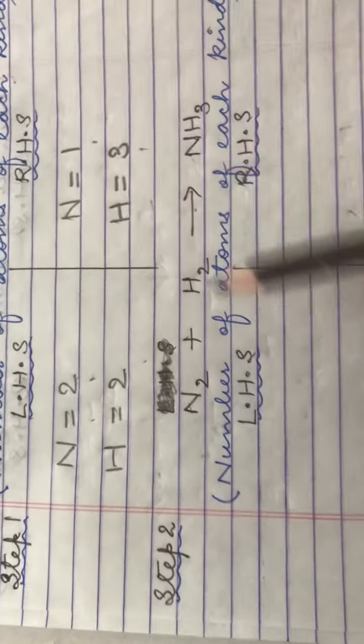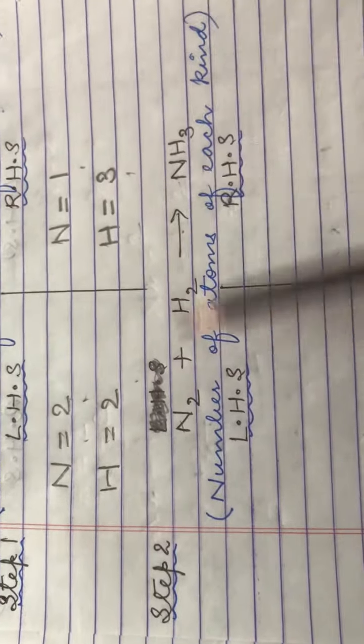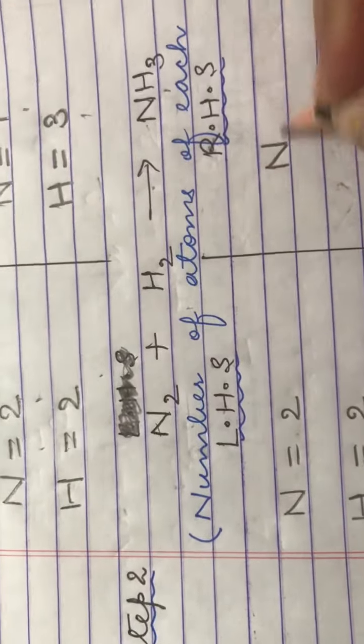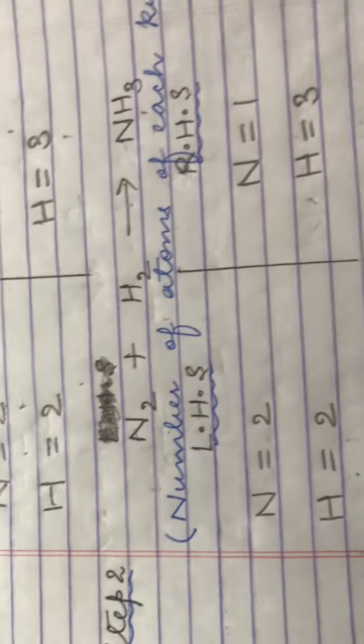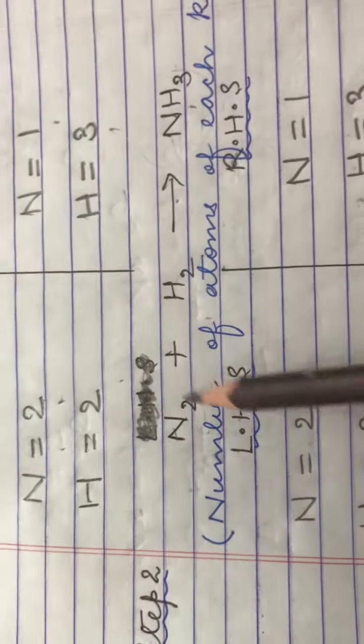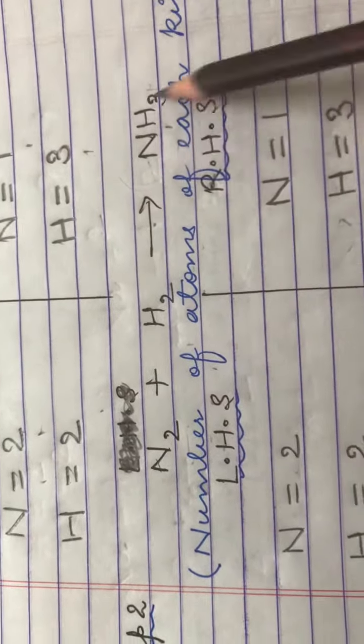So in order to balance this, we follow the second step now. We write the same equation as it is, with the number of atoms of each kind on the left hand side and on the right hand side. And now which side to choose and which number to start from? As we have done earlier, we choose the right hand side, that means the product side, since there is only one molecule there. There are 2 molecules on the left hand side and only one on the right hand side.